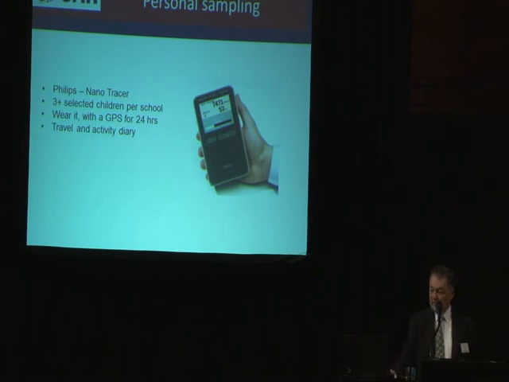And this is a little commercial device that measures fine particles, actually very ultrafine particles, and you can wear it for 24 hours, and it tracks with a GPS device where you are, and it's fantastic for these sort of studies. The problem is it costs something like $20,000, so you can't do it on a particularly large scale. It's limited.